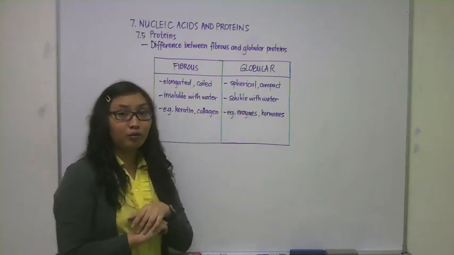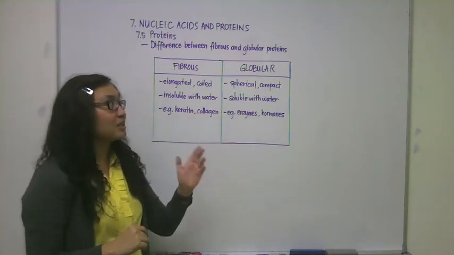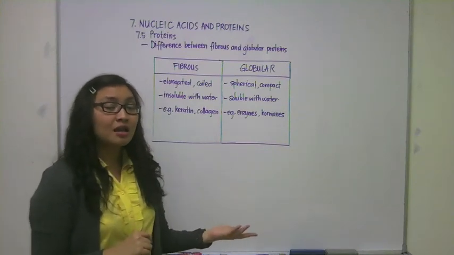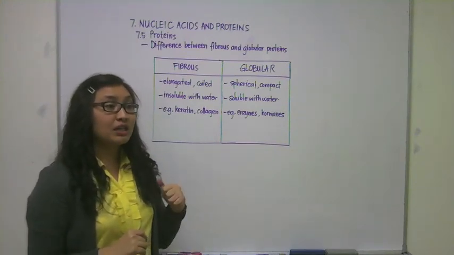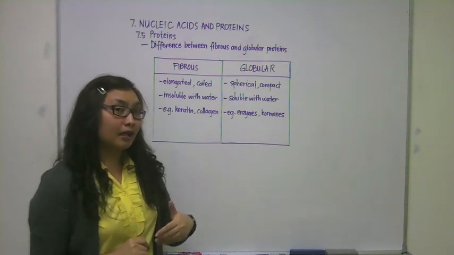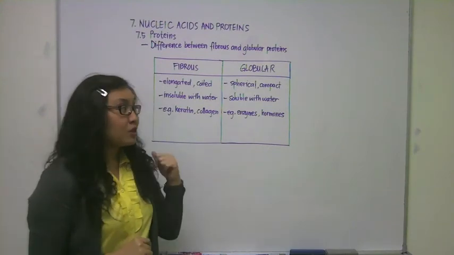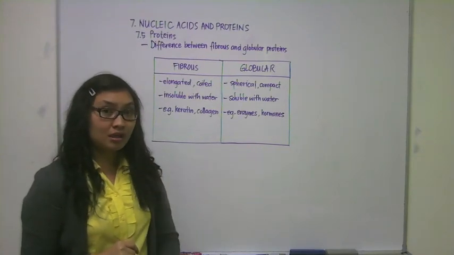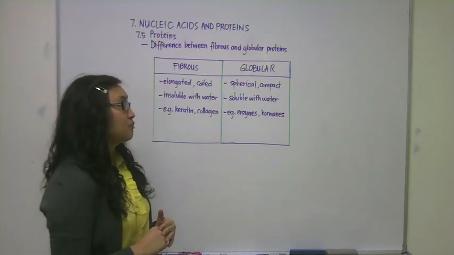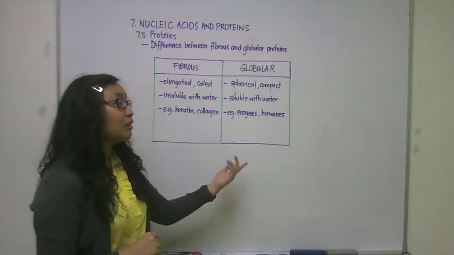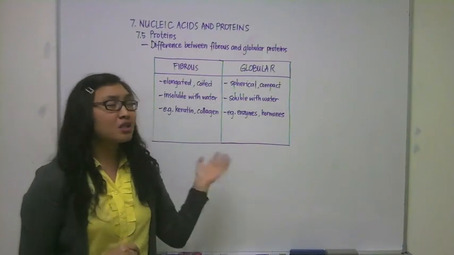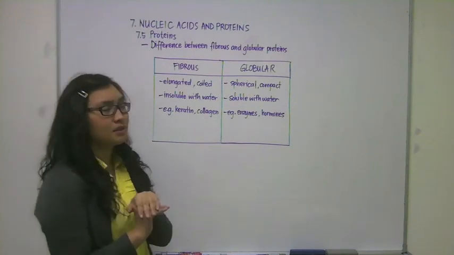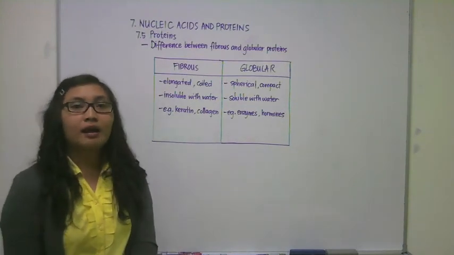They are usually used in chemical reactions and come into contact with water. That's why the usual roles of globular proteins are as enzymes or hormones. So these are the most common differences between fibrous and globular proteins.